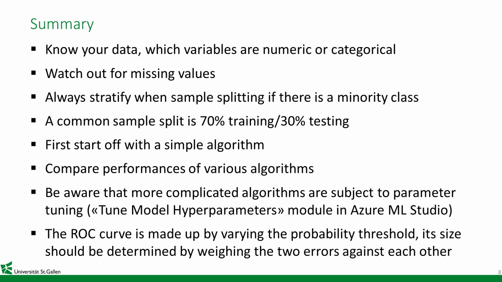One of the common splits is a 70-30 sample split. Now, as a general recommendation, first start off with a simple algorithm and see how it goes from there. It's always important to compare a couple of different algorithms against each other. But just be aware that more complicated algorithms also need quite some help in the beginning with setting some sensible starting parameters. Azure can help you here with some specific modules.